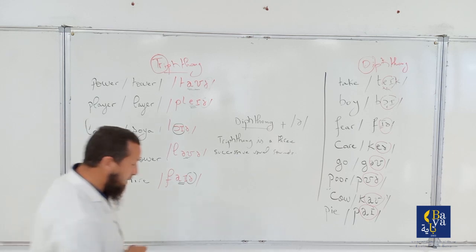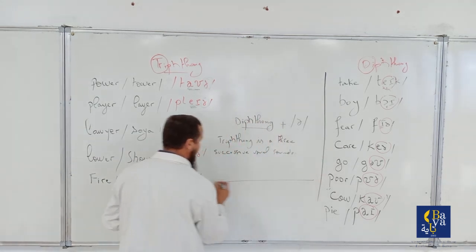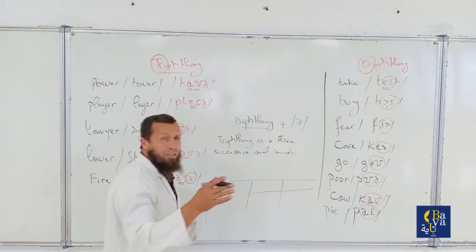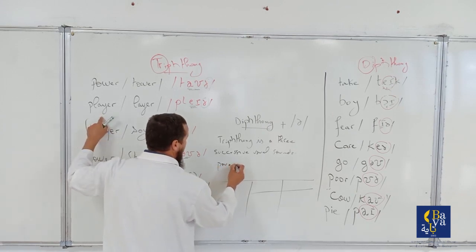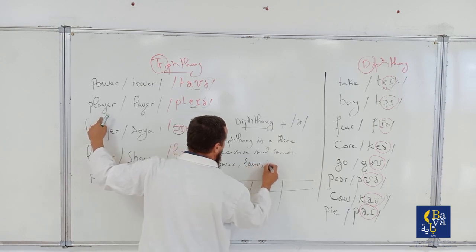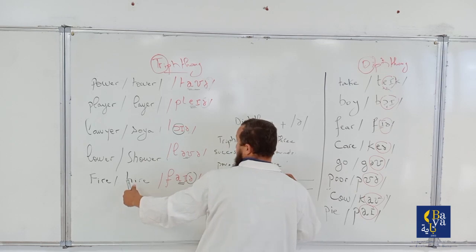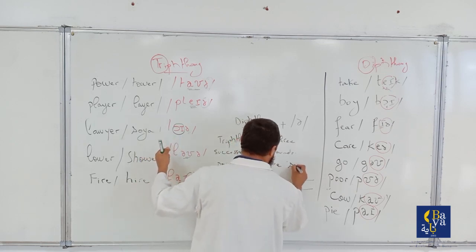The exercise in triphthongs or diphthongs in your exam, they generally give you examples. Here, for example, they write power and lower, tire, and maybe tire, we say soya.